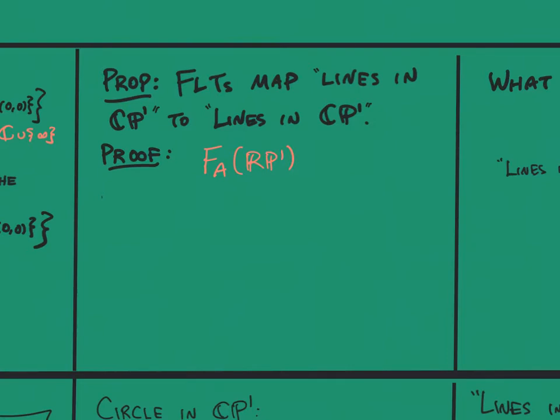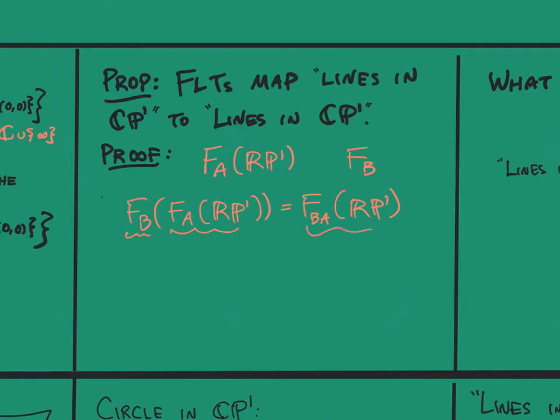If I have another one of these, F_B, and I compose, there's not much to say here, because we know that the composition of these just multiplies the matrices. So F_B maps this line in CP1 to this line in CP1. This result is no big deal.